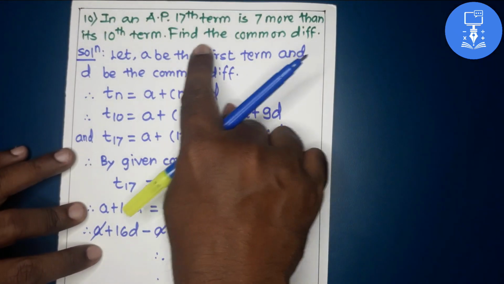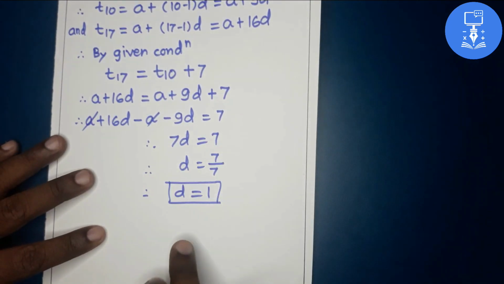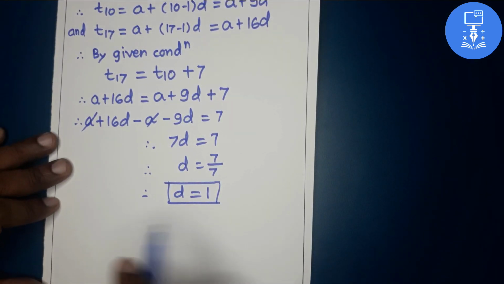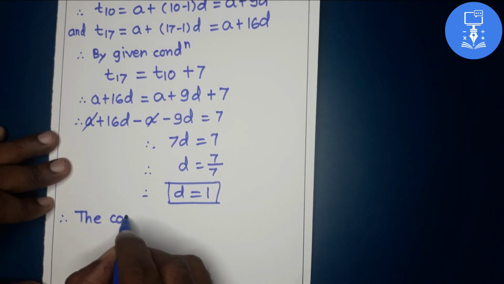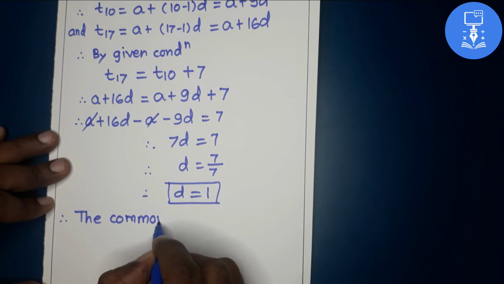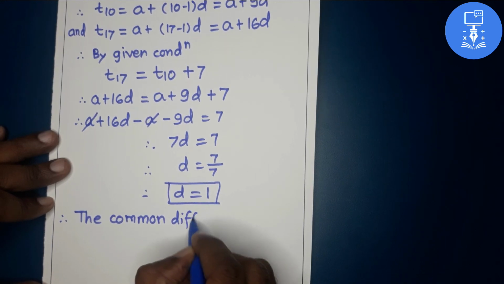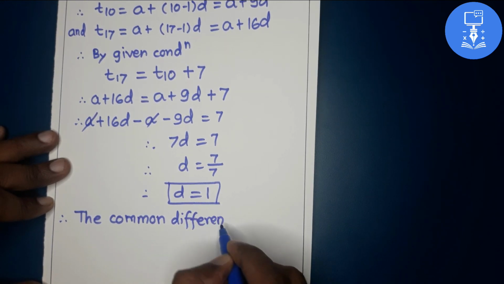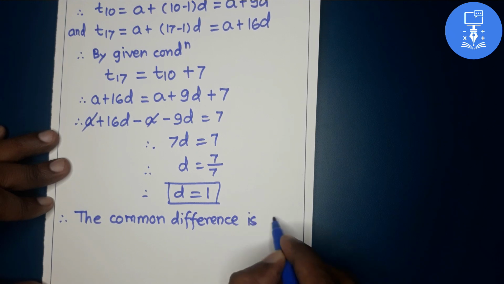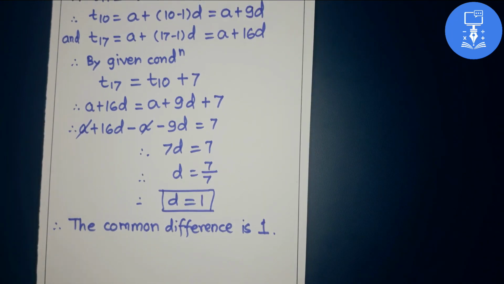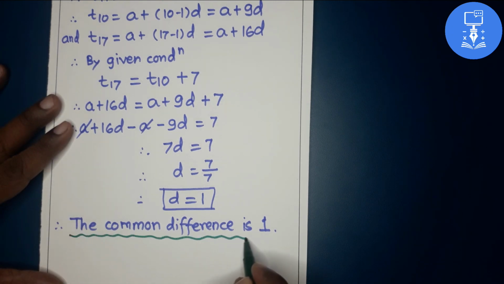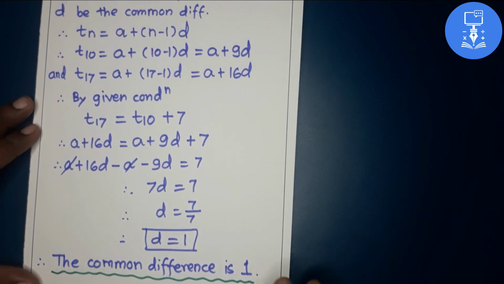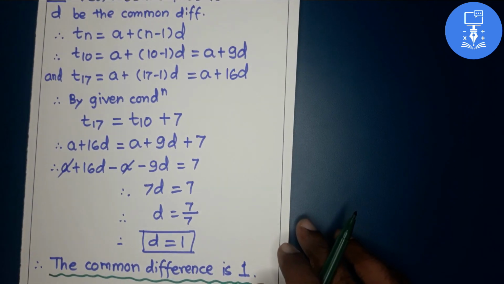The question is to find the common difference, and the answer is d is equal to 1. So write the answer again: the common difference is 1, and don't forget to highlight your answer. I hope it is clear to you.